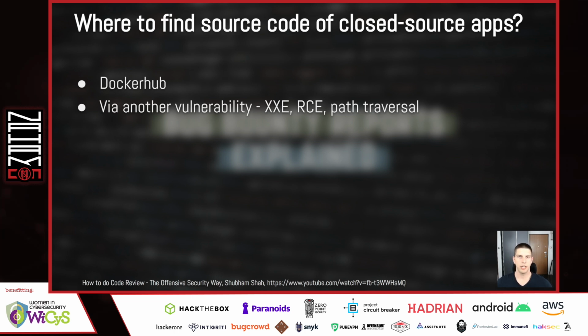Personally, I haven't tried all of them, but these come from an excellent presentation by Shaps called How to Do Code Review the Offensive Security Way, and it's linked at the bottom of the slide. One of his methods is looking at cloud marketplaces. For example, on AWS, you can start up a machine with a particular software installed on it.